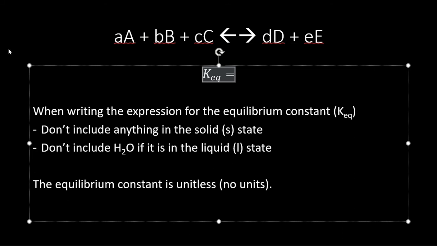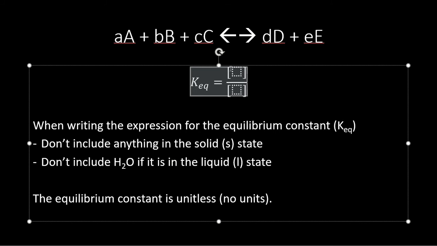We're going to start solving for one giant fraction, where we have the concentration of the products on top raised to exponents. And in this case, unlike with instantaneous reaction rates, the exponents for an equilibrium constant will actually be the stoichiometric coefficients.